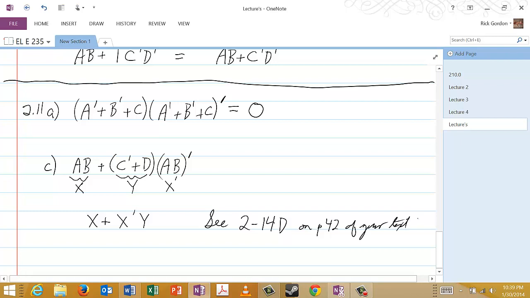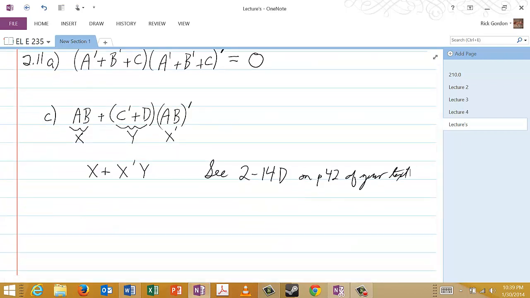And that is the theorem that is appropriate in this case. But I will show you how we can get to the desired result. And it would be as follows.